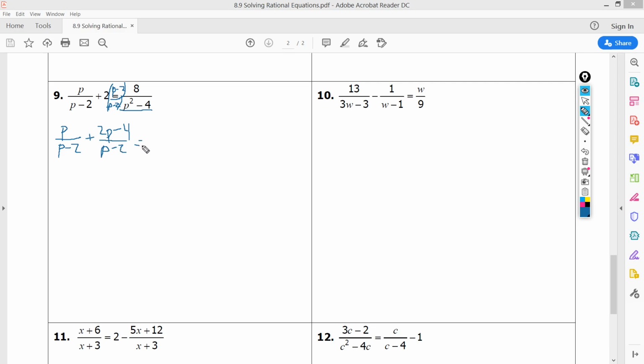That's equal to 8 over p plus 2 times p minus 2. If I combine these, p plus 2p minus 4 is now going to be 3p minus 4 over p minus 2 equals 8 over p plus 2 times p minus 2.